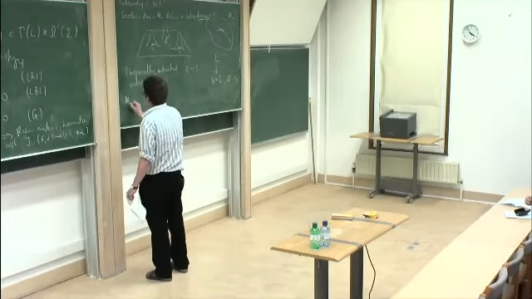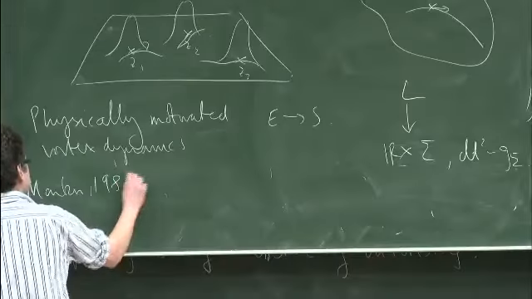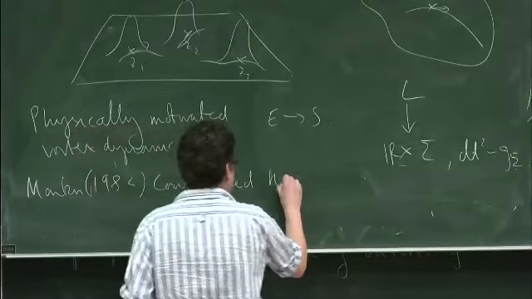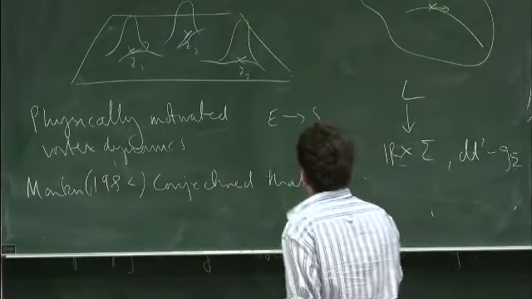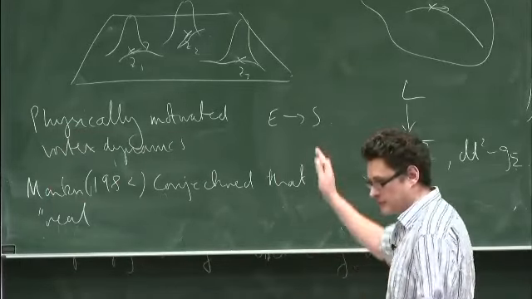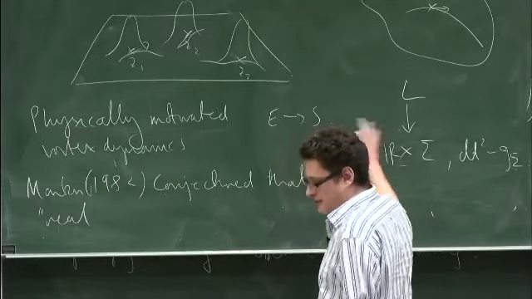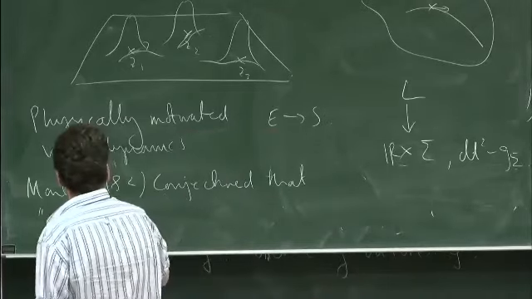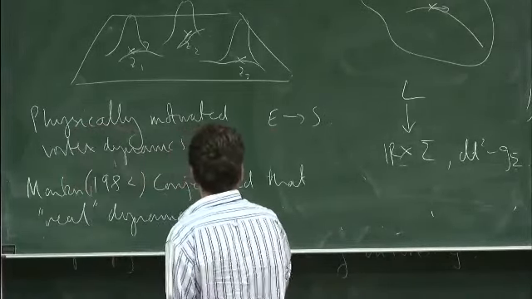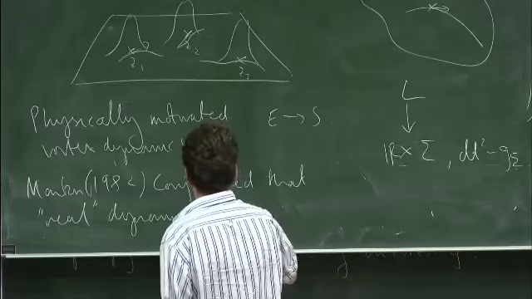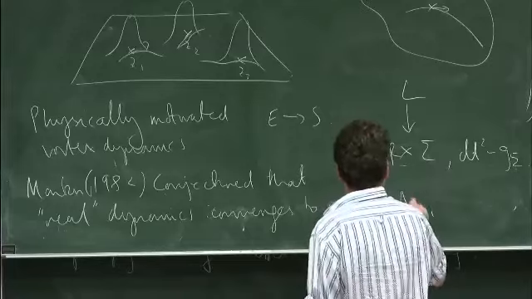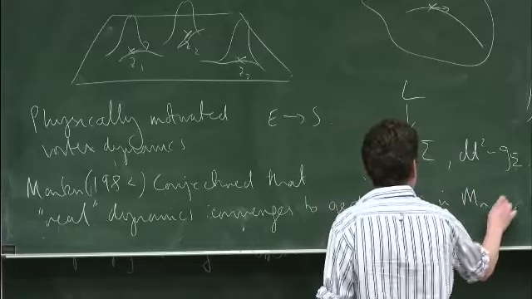Okay, well, the point is that Nick Manton in 1982 conjectured that the real dynamics, the one whose definition I wasn't very precise about, but which is defined in terms of a Lorentzian extension of your model, is approximated by, so converges to, geodesic motion in Mn at low energy.